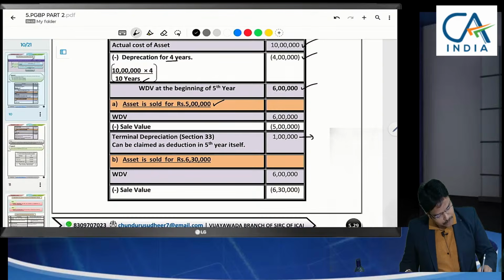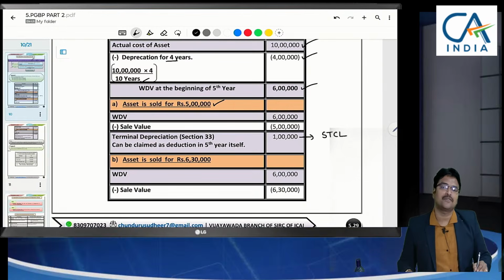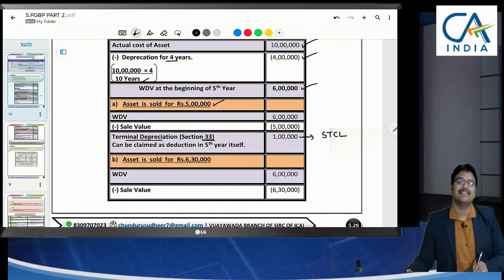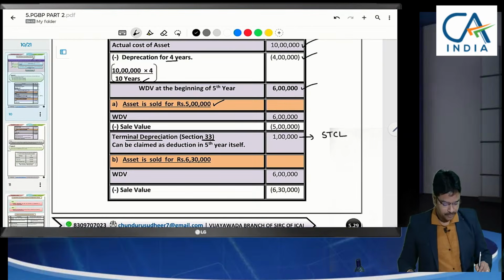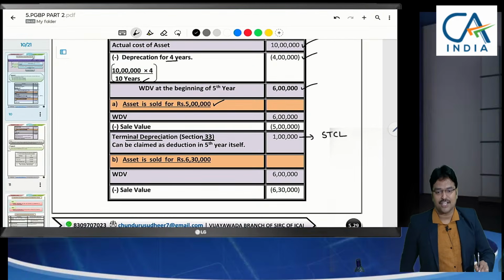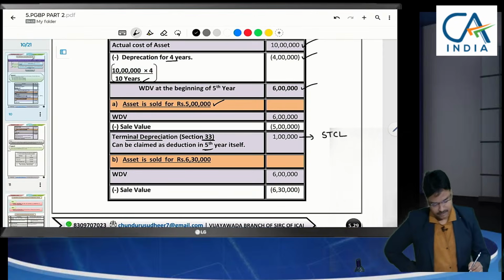The 1 lakh, usually in block of assets, we say short term capital loss. But as per this special concept applicable for power sector units, they have said it can be claimed as terminal depreciation. In section 33 they have specified this. In the new Income Tax Act, section 33, they have specified this can be treated as terminal depreciation. In the 5th year itself you can claim that 1 lakh deduction.